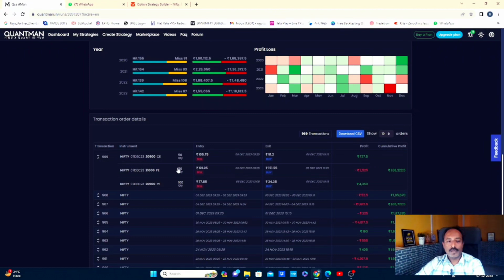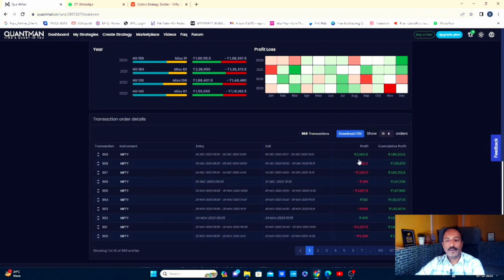So it sold call and put, a strangle out the money, with an option premium of 100 rupees. So this stop loss got hit and it sold two lots of put, as I told you. See, that is where it has made 4,000 profit. In a bullish market, if you sell two lots of put, that is the advantage.